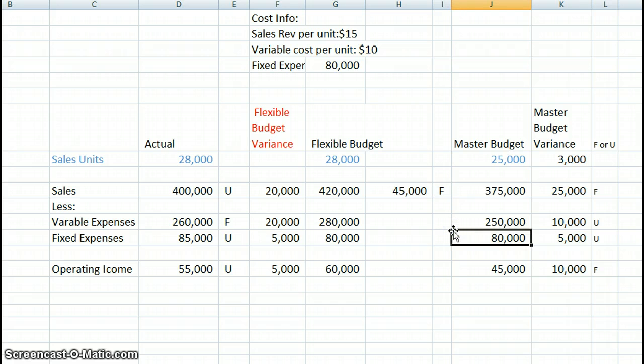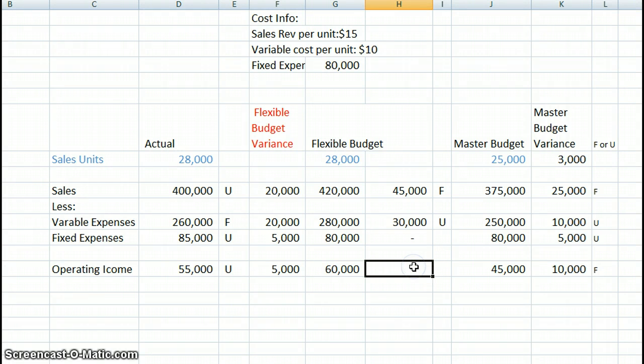Whenever you're doing variances, you're always going to look at your rightmost column and then compare that to your column on your left-hand side. Next, let's look at variable expenses. You expected 250,000. Your flexible budget says 280, so that is going to be a $30,000 unfavorable variance. For your fixed expenses, your flexible budget and your master budget have the same number, so your variance is 0.